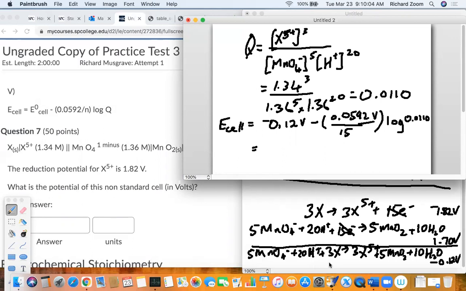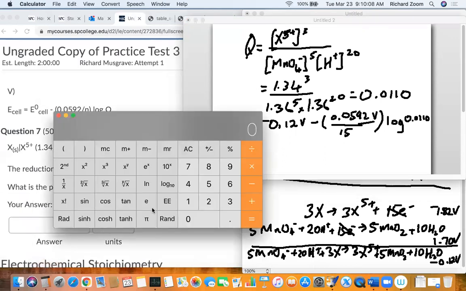All right, let me continue with the calculation here. Oh, it went away. So let's do 0.011 and get the log to base 10, and then multiply that by 0.0592 and divide that by 15.